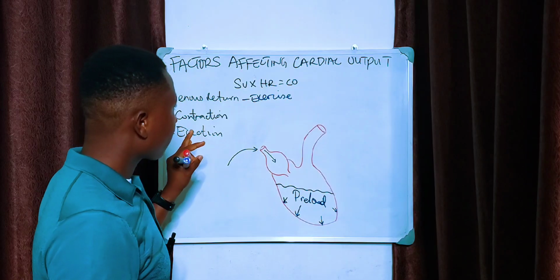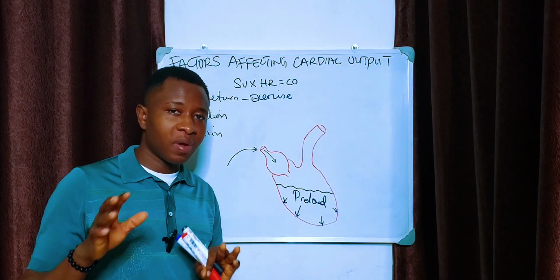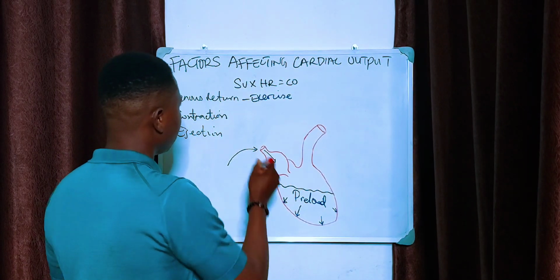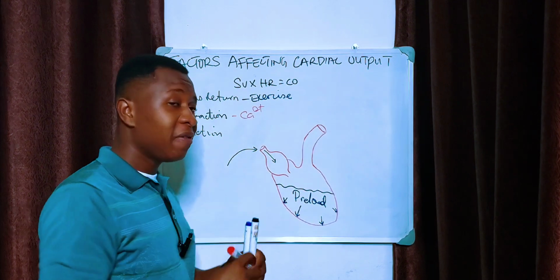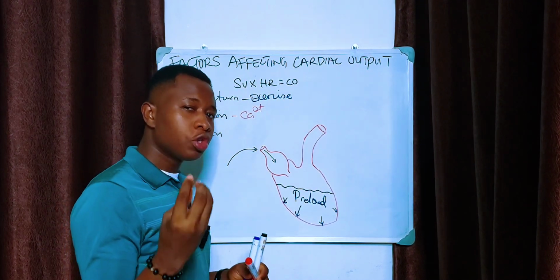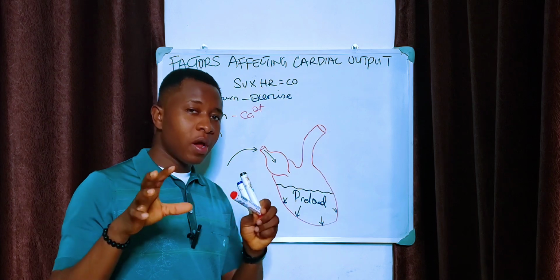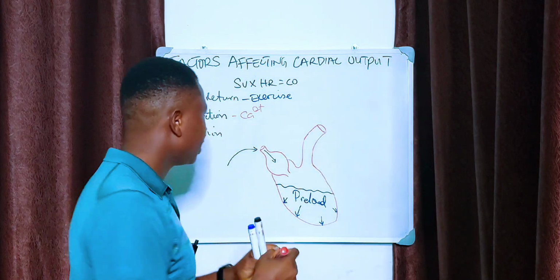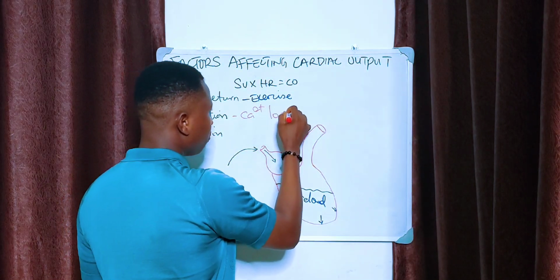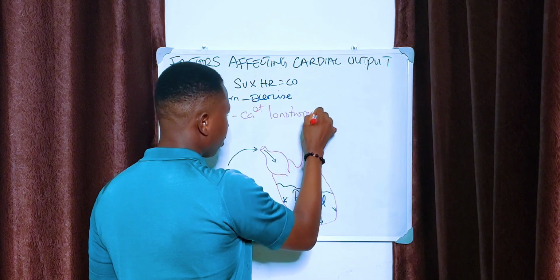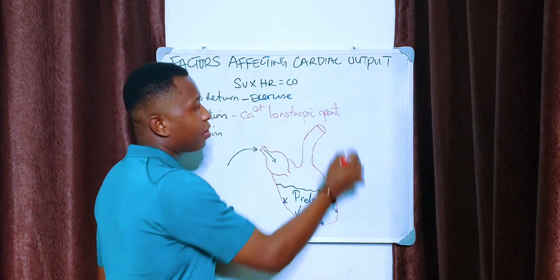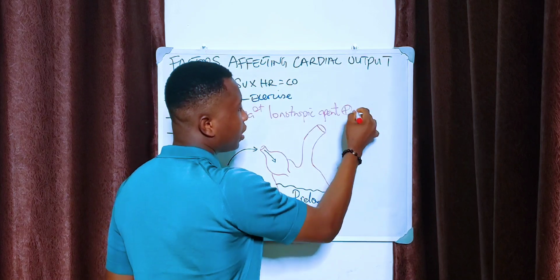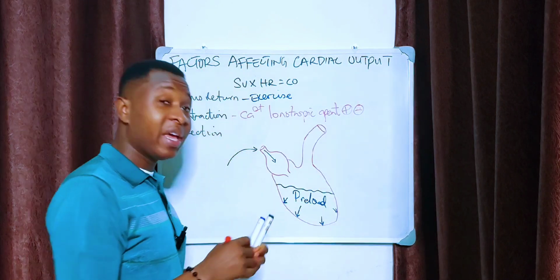For contraction, calcium ion plays a vital role in contraction. So there's what we call the inotropic agents. Inotropic agents, and there are both positive inotropic agents and negative inotropic agents.